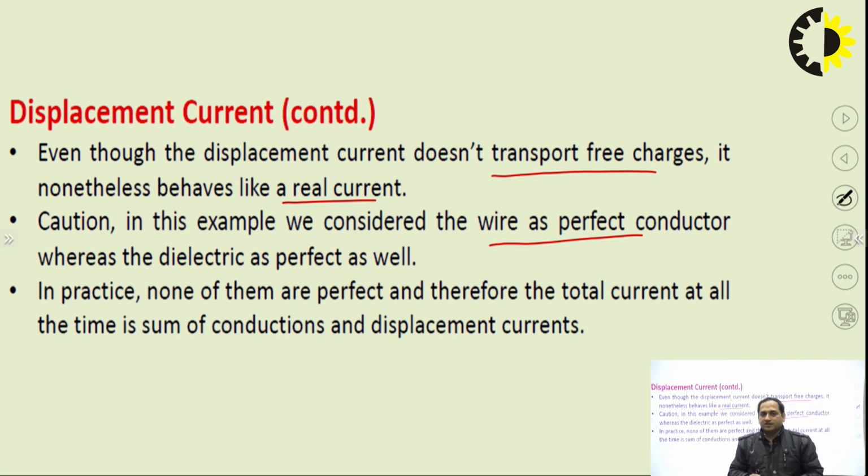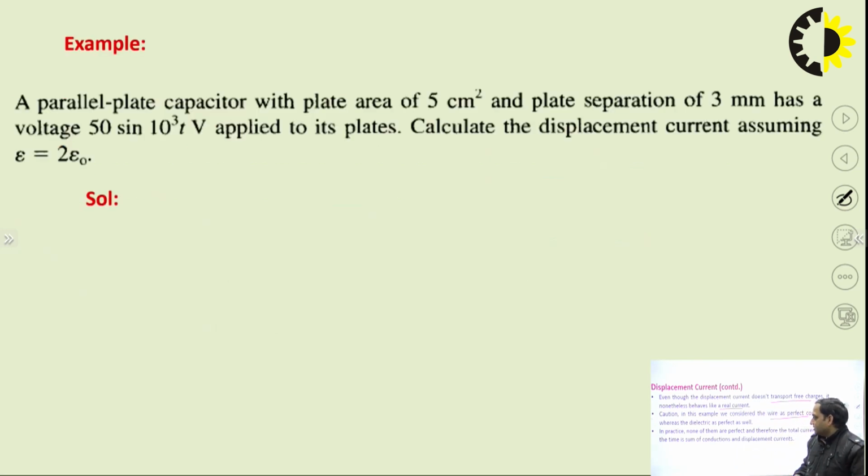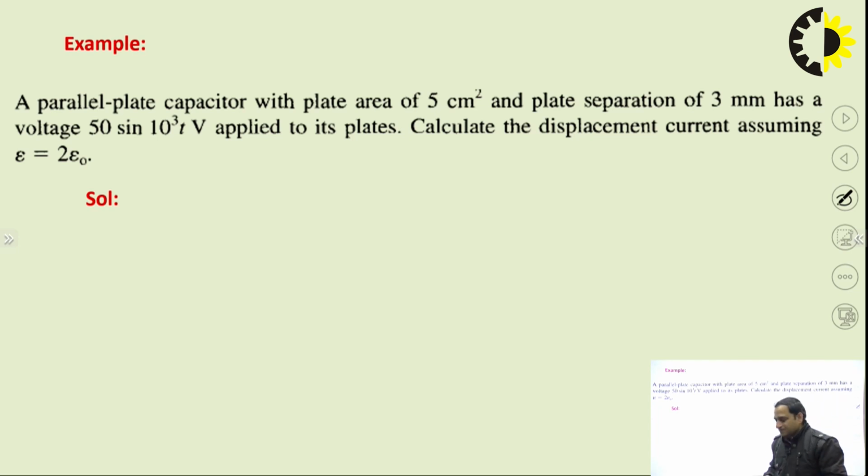In this way, the same current will be flowing in the wire and between the capacitor plates. I hope this concept is clear to all of you: when we have the conduction current, it will be in the wire, and the displacement current will be between the capacitor plates.